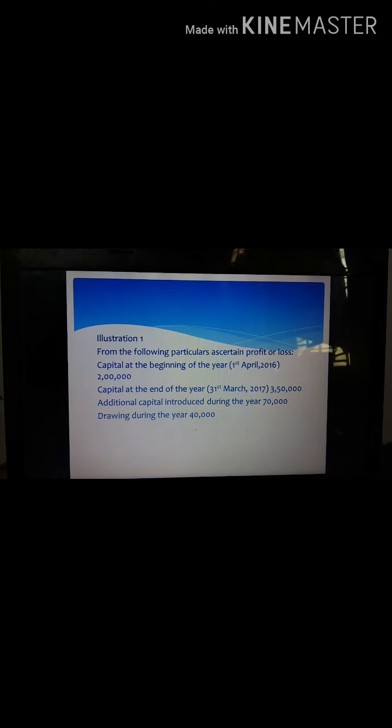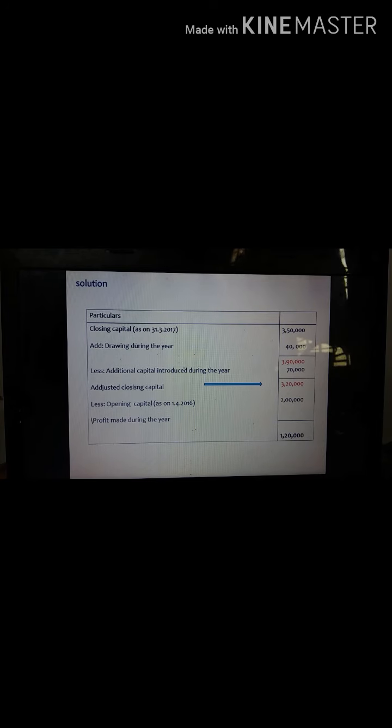So, solution. First you have to open a statement of profit like this, on a single side of your ledger note. You have to write the particulars in the particulars column.